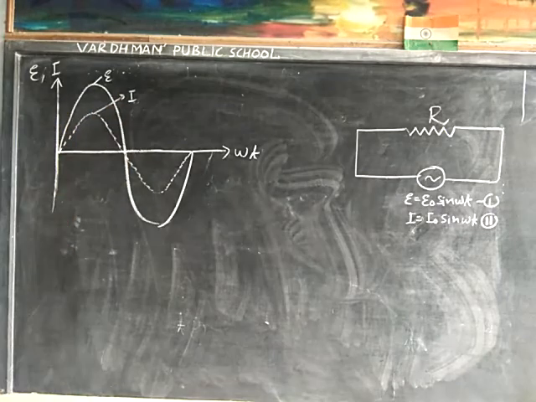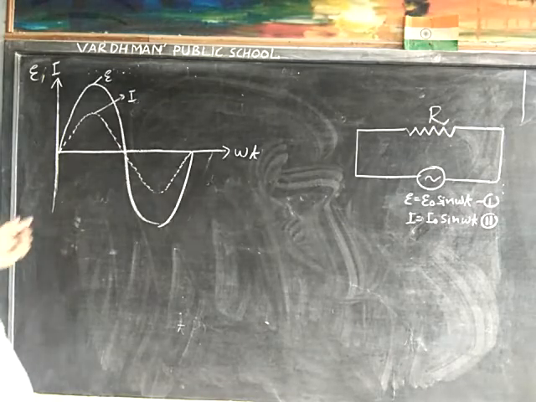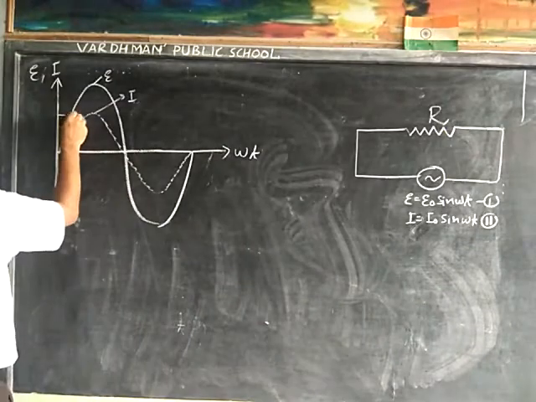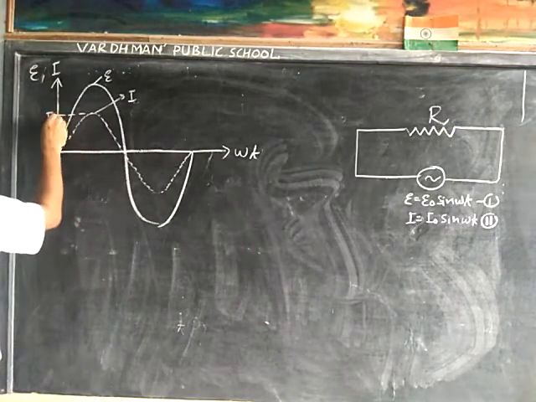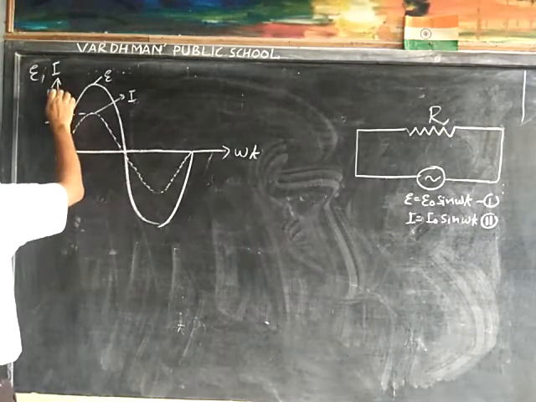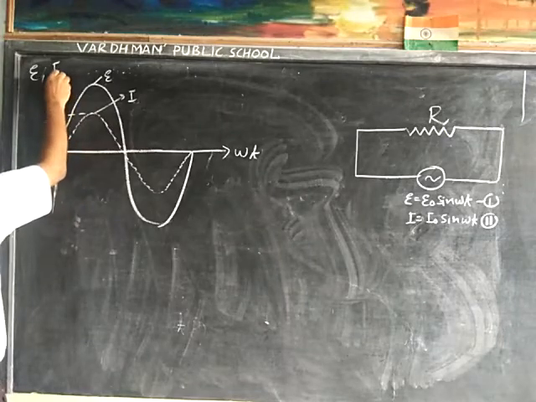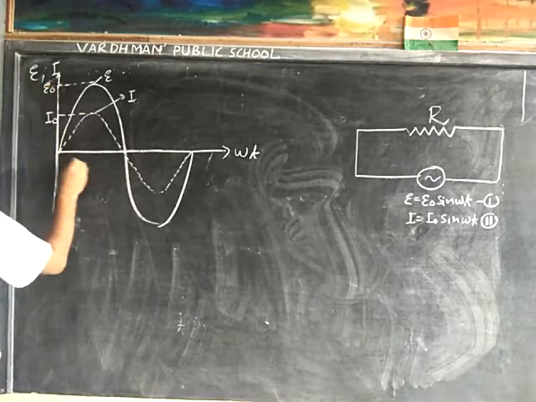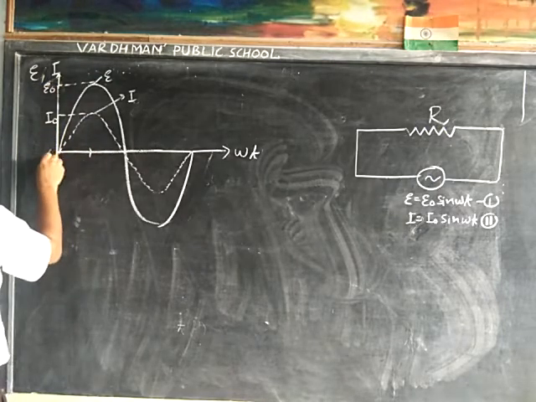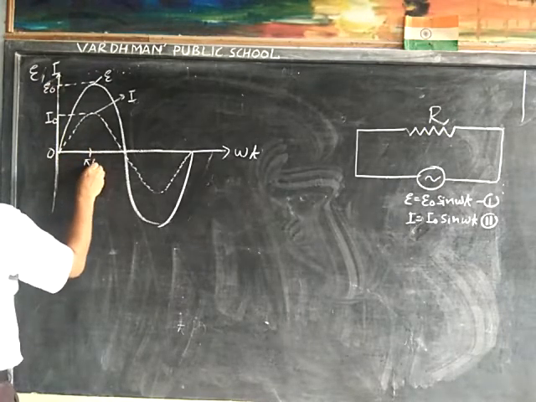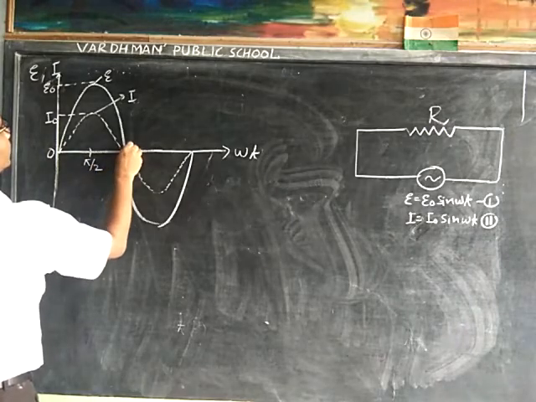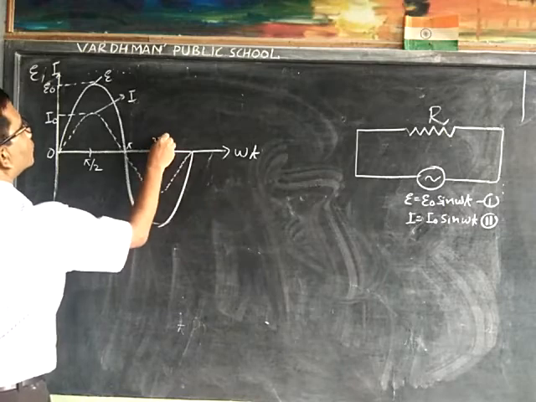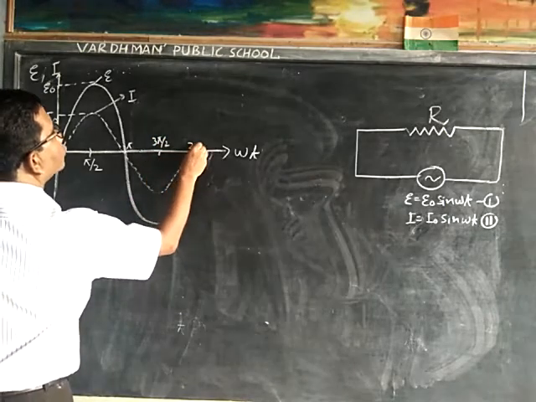Now we see this is I0 and this represents E0. This is 0, pi by 2, pi, 3 pi by 2 and 2 pi.